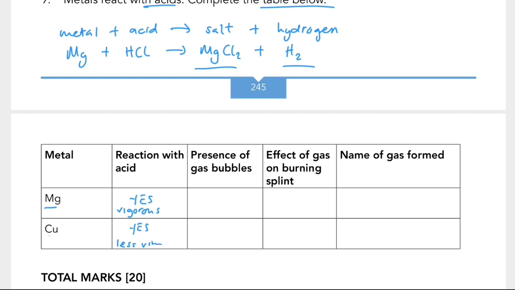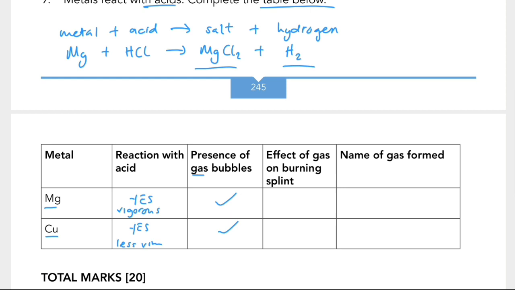Why? Because copper is lower in the reactivity series. Then the presence of gas bubbles. Yes, we have the presence of gas bubbles. What they mean by the presence of gas bubbles is that if we have a reaction that produces gas bubbles, that reaction is an effervescence reaction. In other words, it produces a gas.